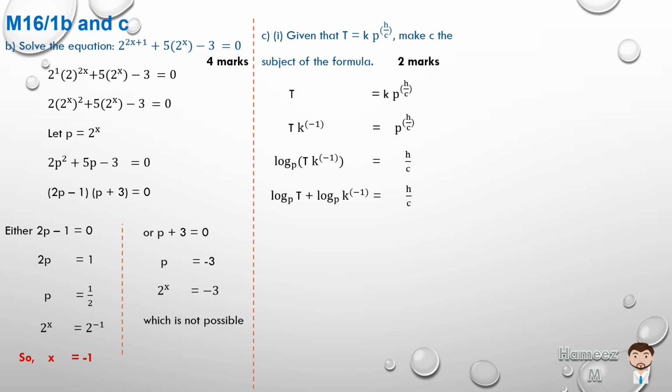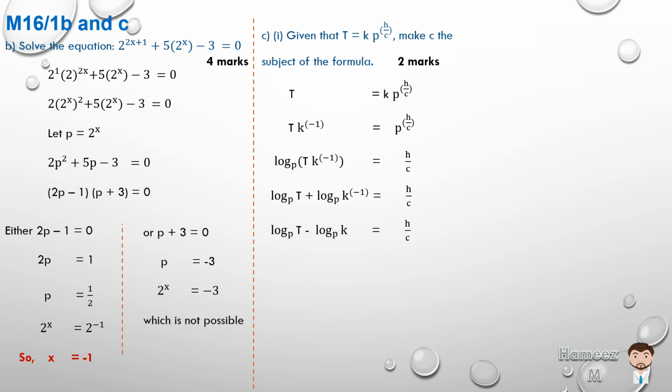And if we have k to the power minus 1, simplify that using the law where log a to the power n is equal to n log a. So we get log t to base p and bring the minus 1 in front, so it will give us minus log k to base p is equal to h over c. So if you want to find c, c is on the denominator on the right hand side, we could bring it across.